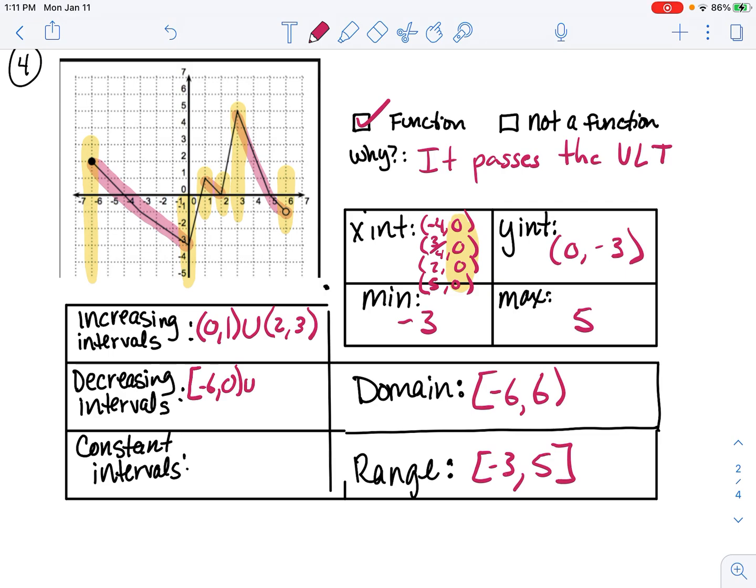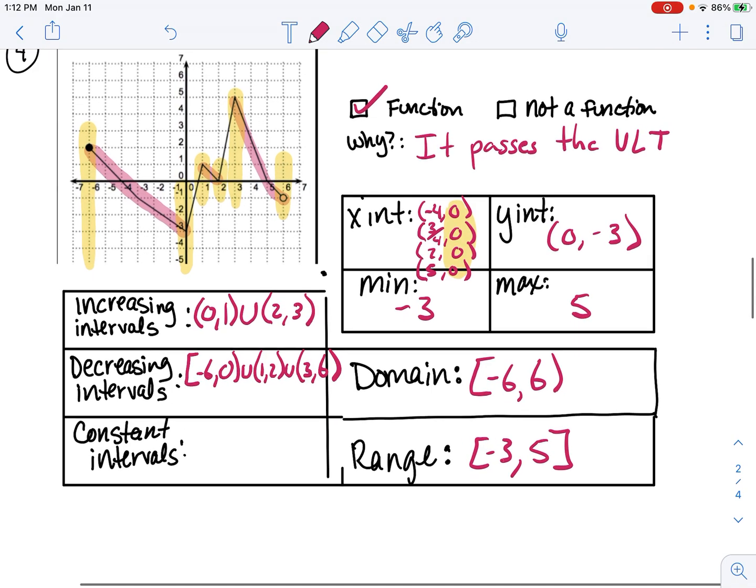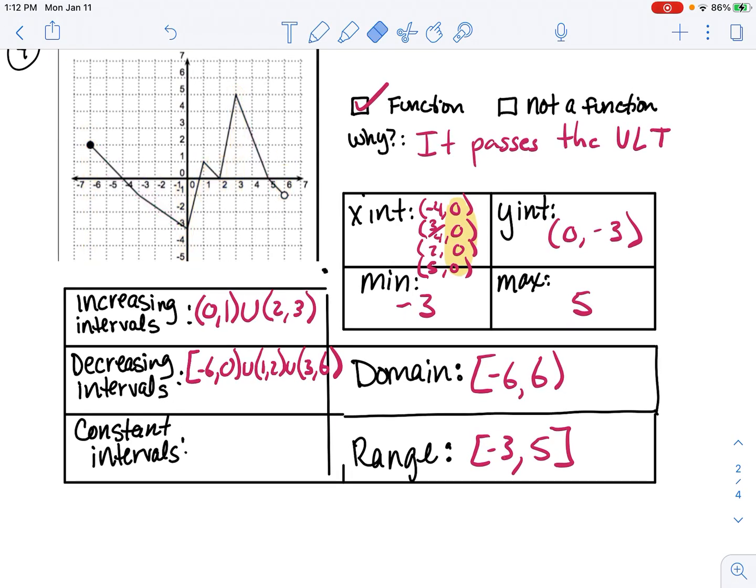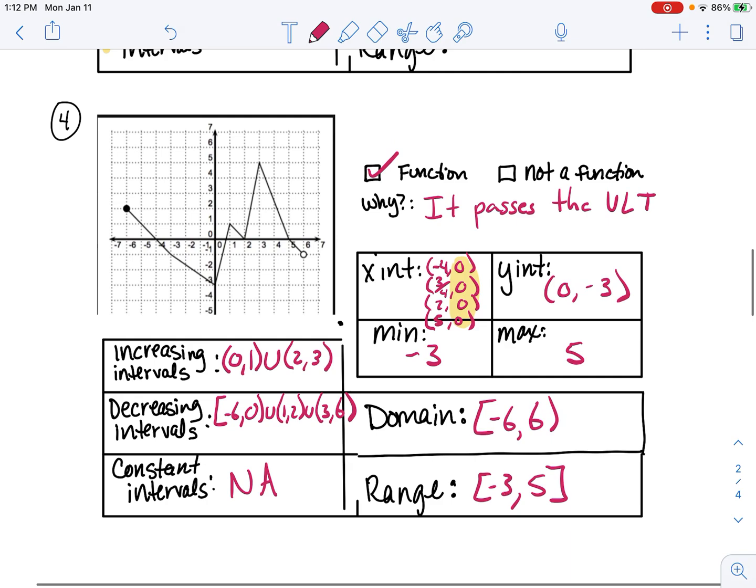And from 1 to 2. And from 3 to 6. And this is a parenthesis because that's an open dot. And there's no points where it's flat, it's not constant, so we say not applicable. And then the next video will have 5.